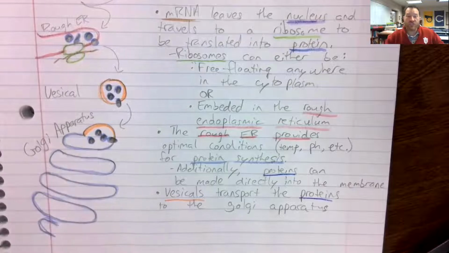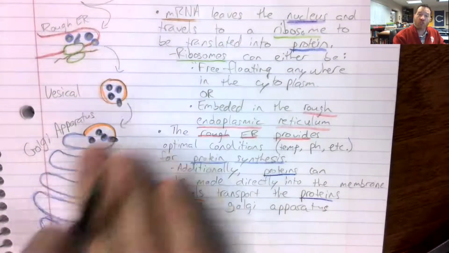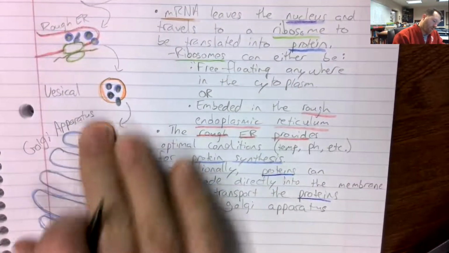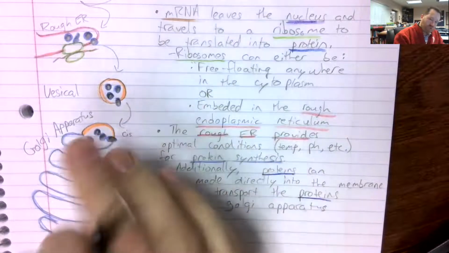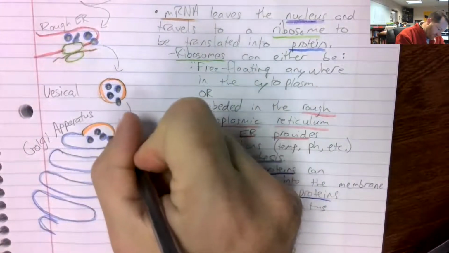All right, so it's proteins, the vesicle kind of merges with the Golgi. And the face that it merges with is called the cis face.